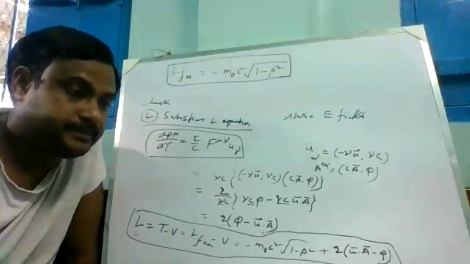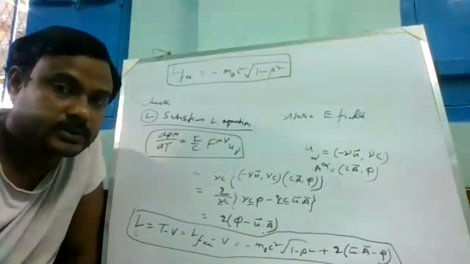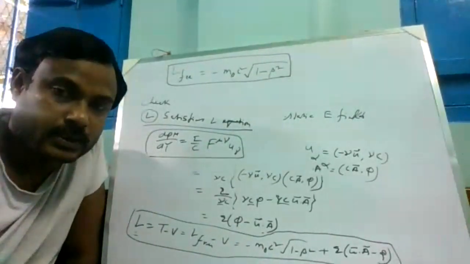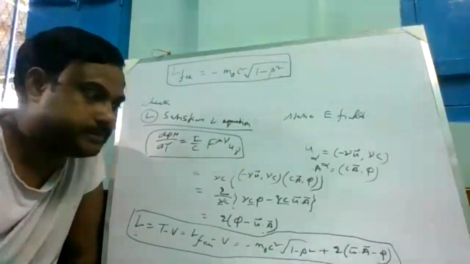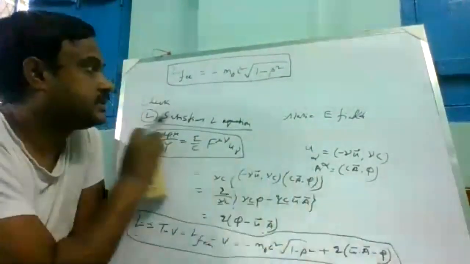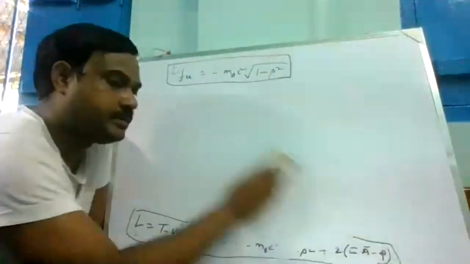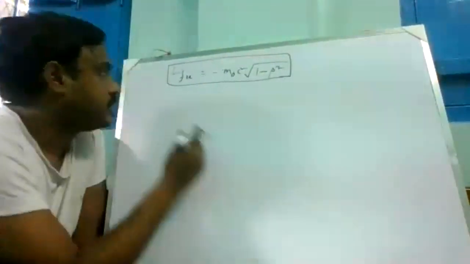Now once we have formulated the Lagrangian, our next task will be to write down, or to evaluate, the form of the Hamiltonian. Once the Lagrangian is done, we are left with the Hamiltonian.